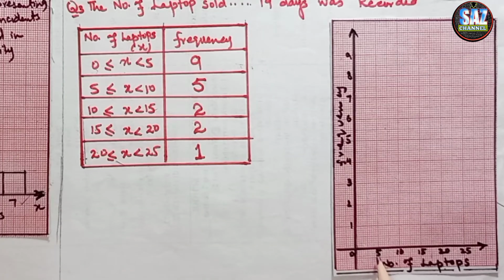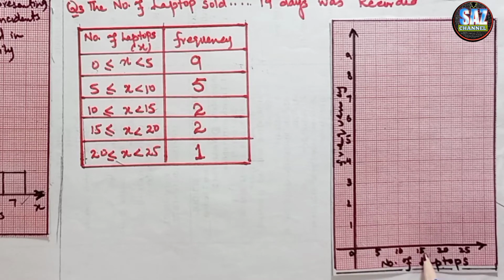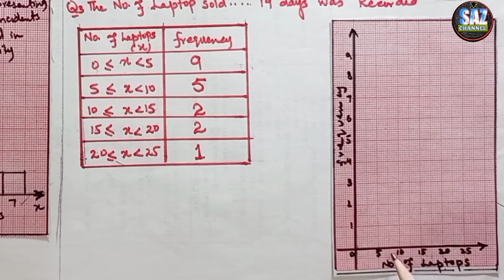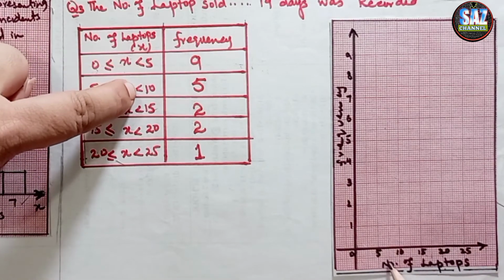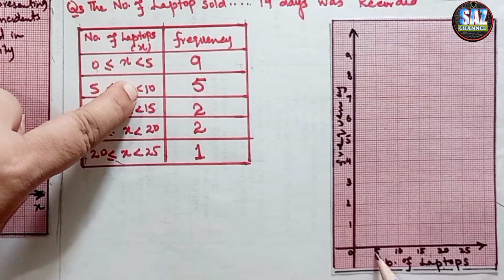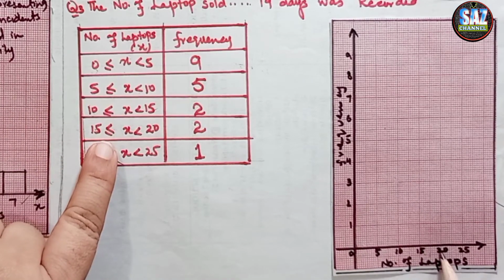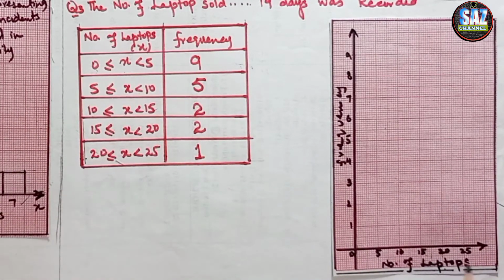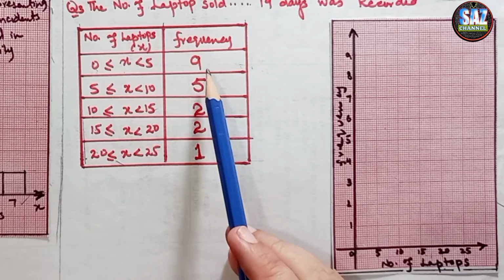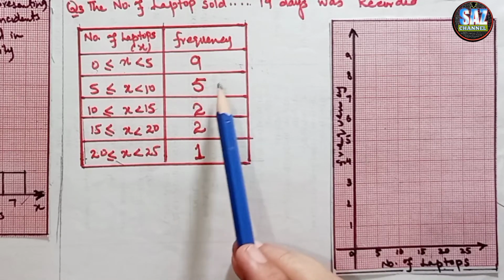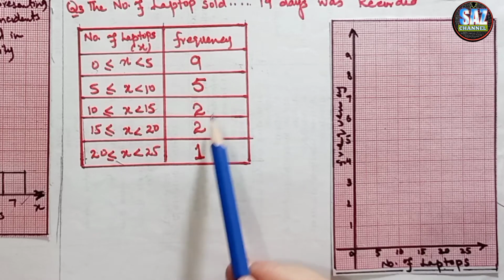So on the x-axis we can have the numbers 5, 10, 15, 20, and 25: 0 to 5, 5 to 10, 10 to 15, 15 to 20, and 20 to 25. Then moving to the frequency, the frequencies are 9, 5, 2, 2, and 1.